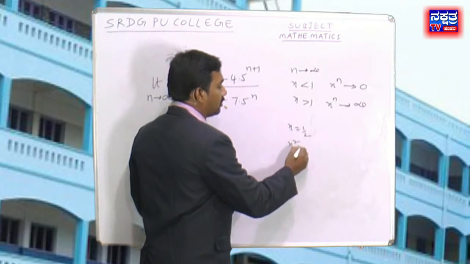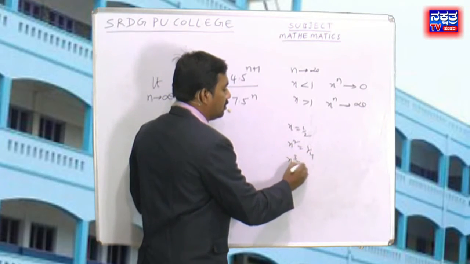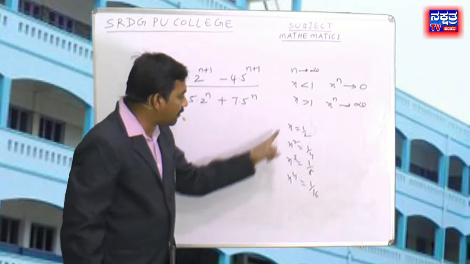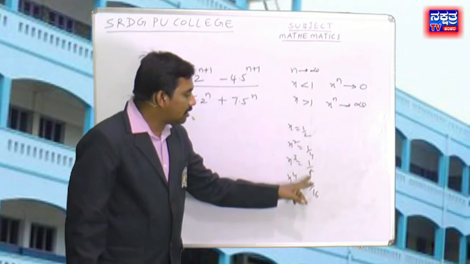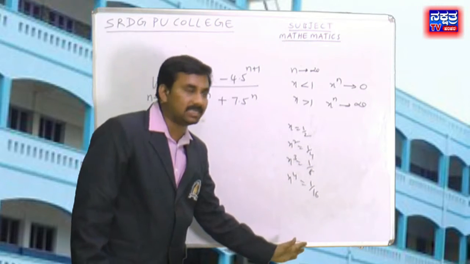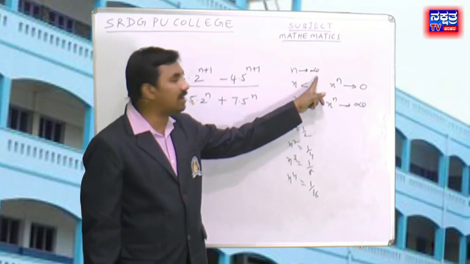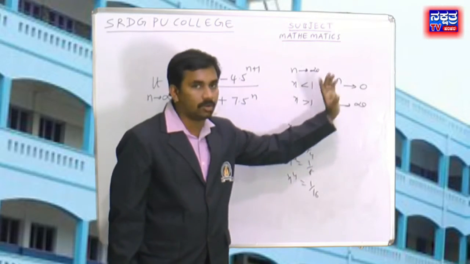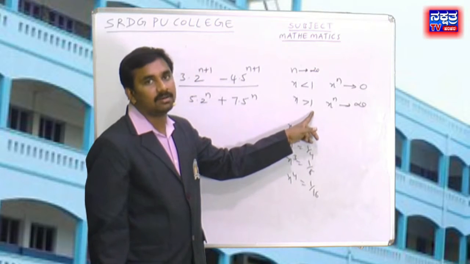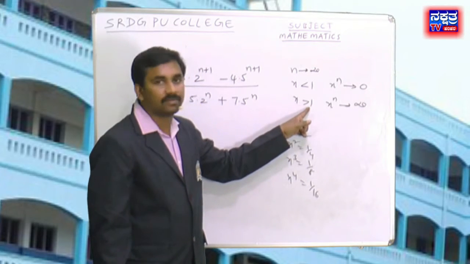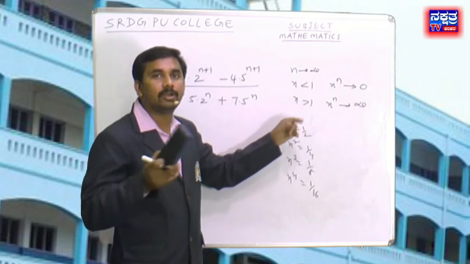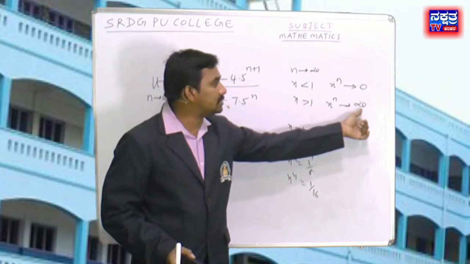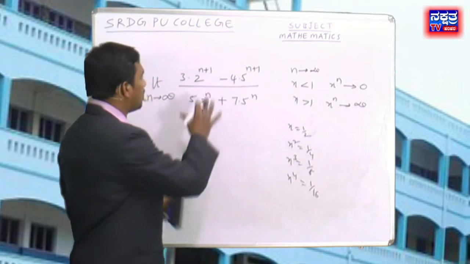What is x square? 1 by 4, x cube 1 by 8, x power 4 1 by 16. When the power is increasing, the value is decreasing. That means when n tends to infinity and x less than 1, then x^n tends to 0. If x greater than 1, suppose you take 2, 2 square, 2 cube, 2 power 4, all these values will increase. So x^n tends to infinity. We have to apply that concept only here.